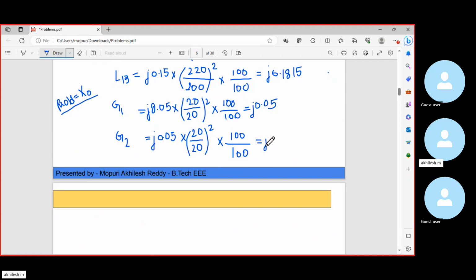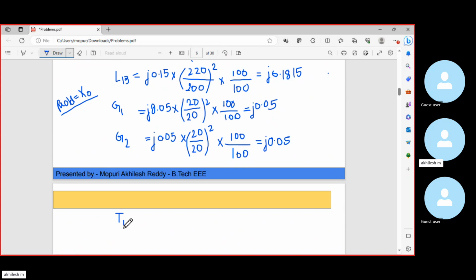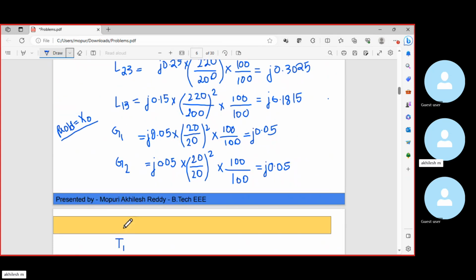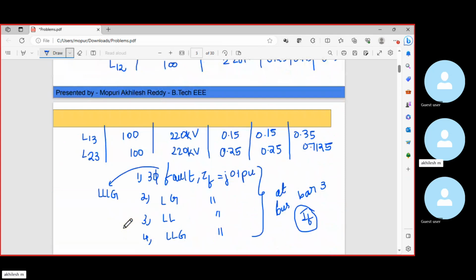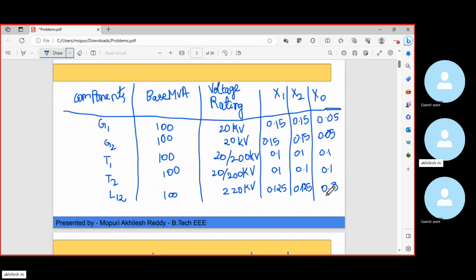Now coming to transformer 1 and transformer 2. For transformer 1, what is my X naught value? The X naught value is 0.1, and transformer 1 and 2 both have it.